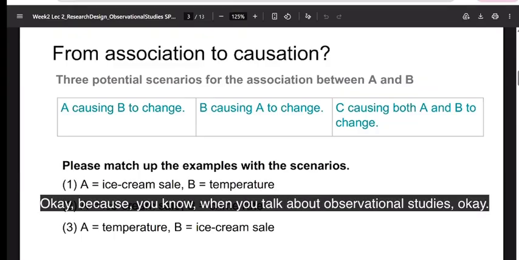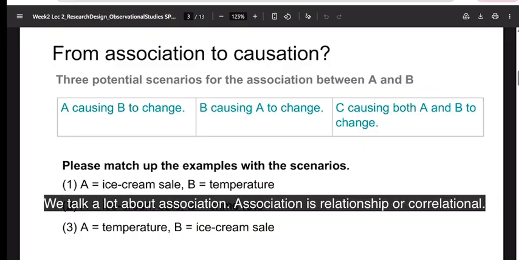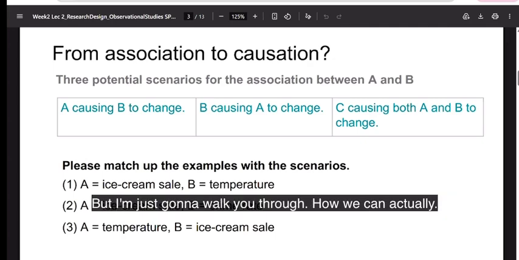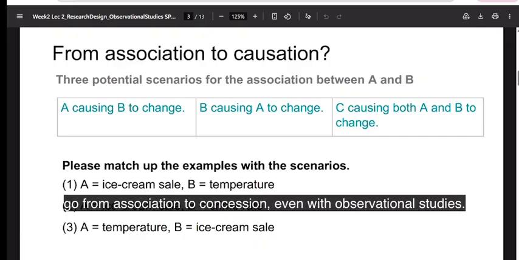When you talk about observational studies, we talk a lot about association. Association is relationship or correlation, but you know what? Association does not imply causation, but I'm still going to walk you through how we can go from association to causation even with observational studies.